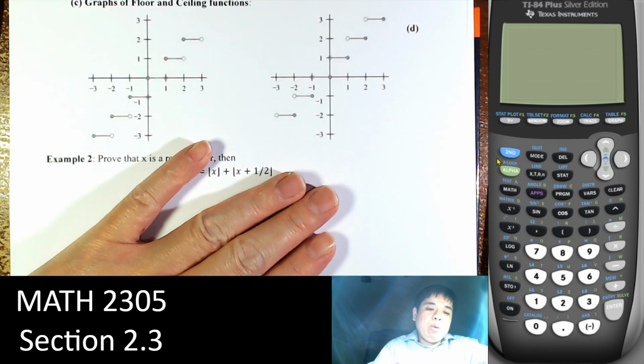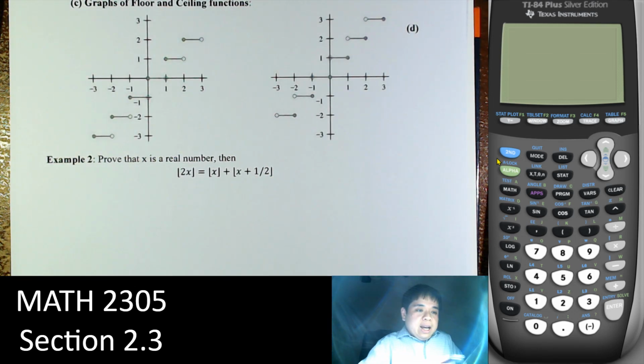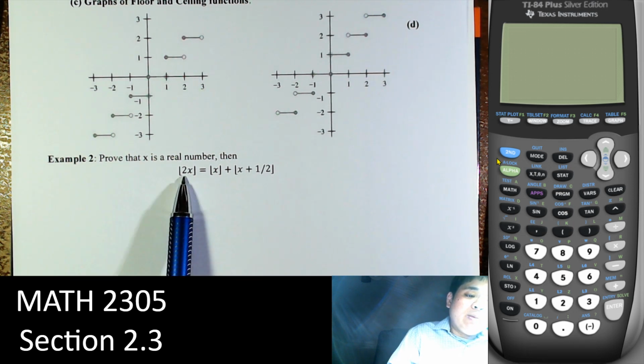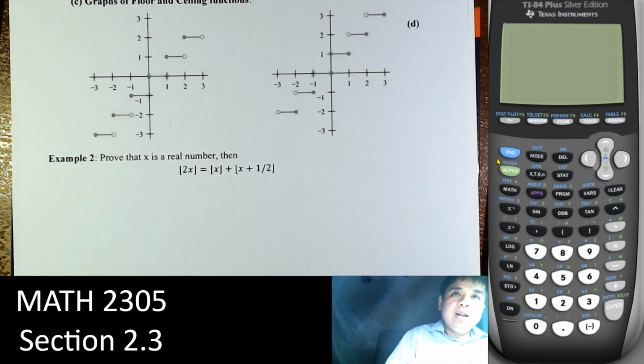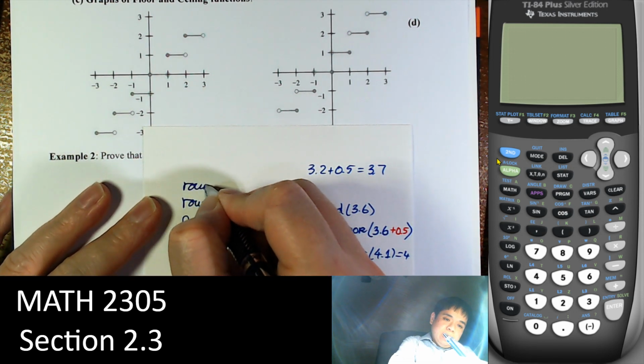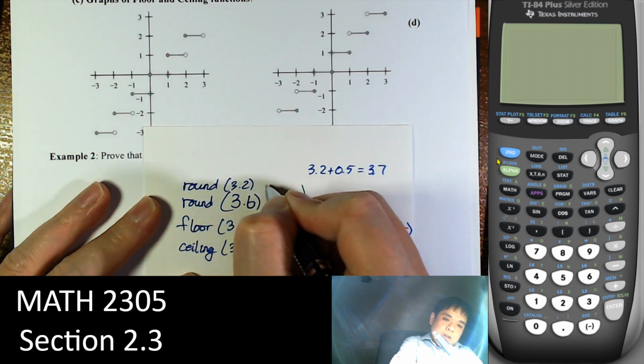Right. Now with that, we have to look at this case. Prove that when x is a real number, then the floor of 2x is equal to the floor of x plus the floor of x plus 1/2. Right. Now there are two scenarios. Of course, if we have the round of 3.2, then that's good.